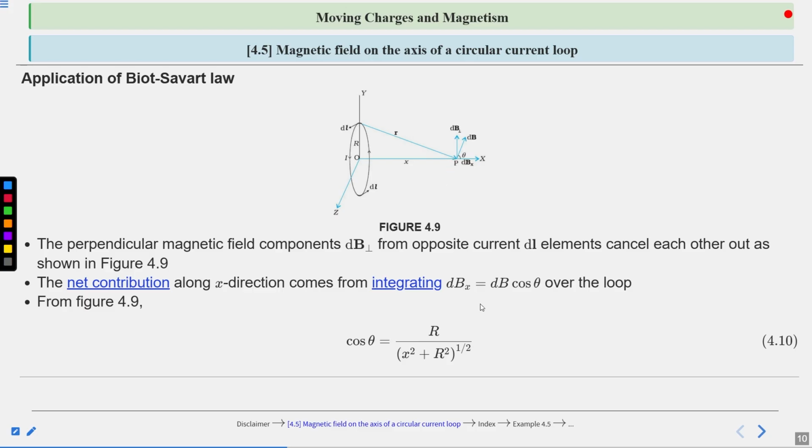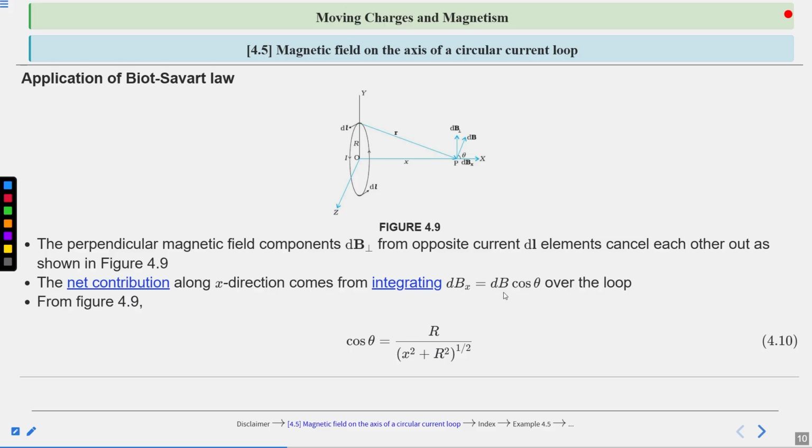Got it? Now cos theta will be capital R upon small r, and we know that small r square is equal to x square plus capital R square. So r will be under root of x square plus capital R square, that is, x square plus capital R square raised to power 1 by 2. And this is the cos theta value, equation 4.10.